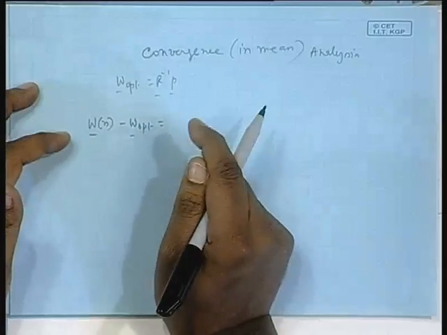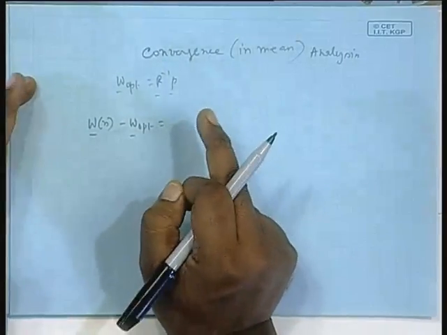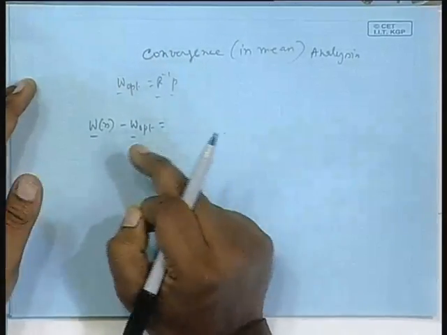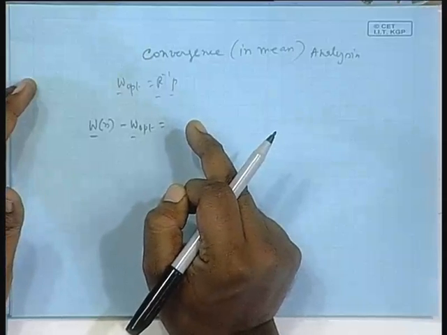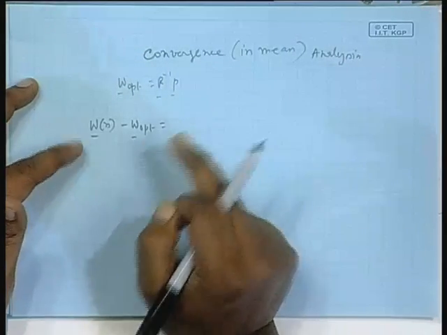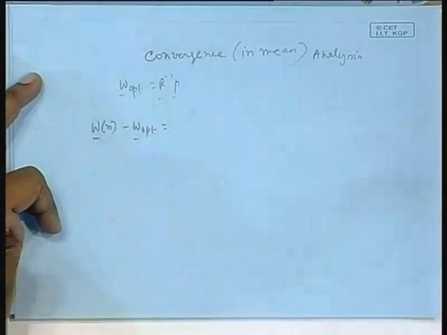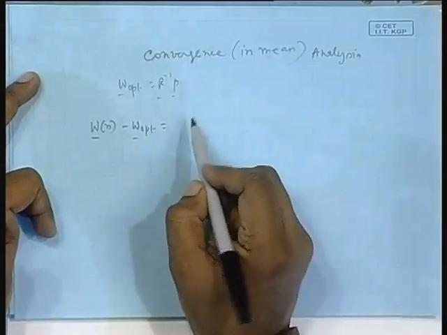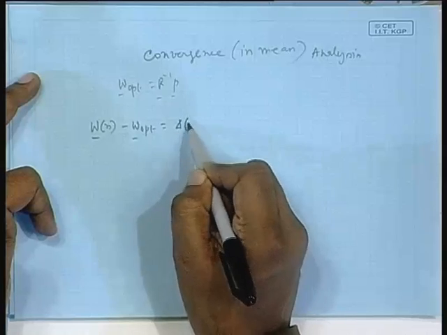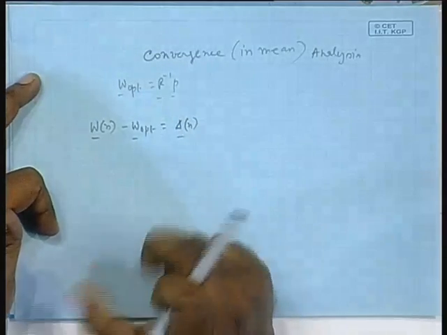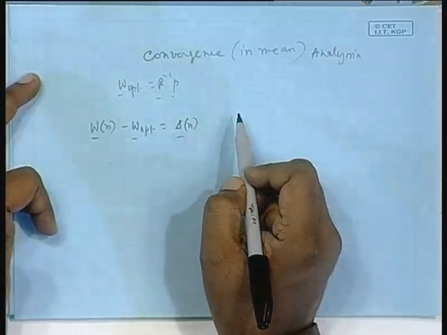Ideally, it should go to 0 as n tends to infinity, but because you used approximate values of R and P, it will not go to 0. But this will have a 0 mean, but it will be fluctuating. We denote it by delta n. It is a vector, called the weight error vector.